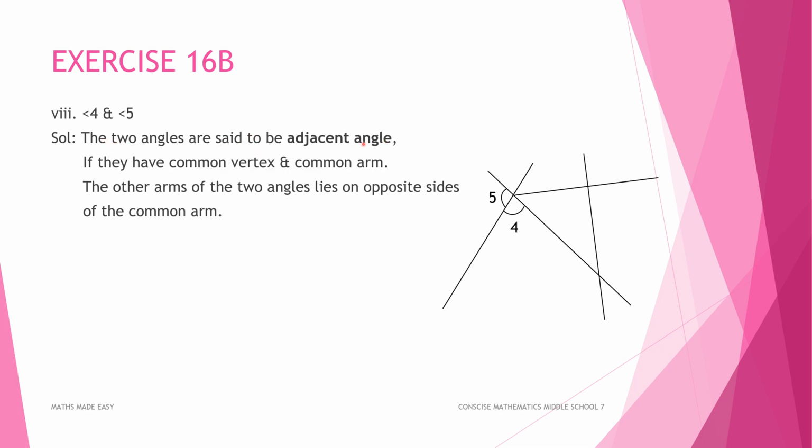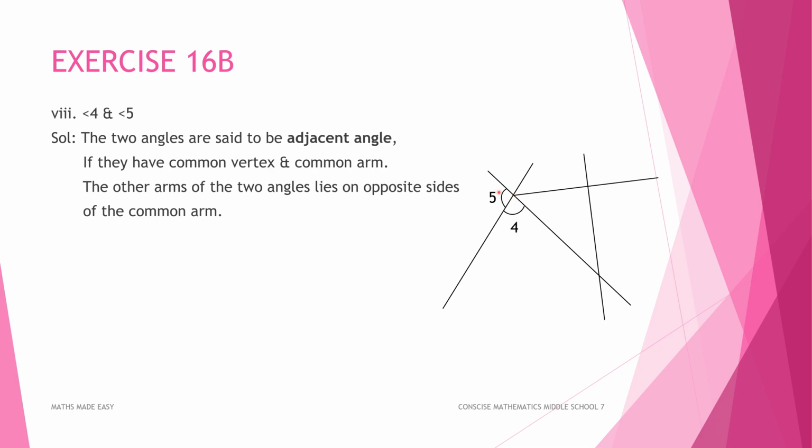This is the definition of the adjacent angle. Two angles are said to be adjacent if they have a common vertex. See, this angle 4 and angle 5 have a common vertex, I have just shown you. And a common arm, see, it is sharing a common arm. The other arms lie in the opposite direction. See, this is another arm, and this one is the second arm.